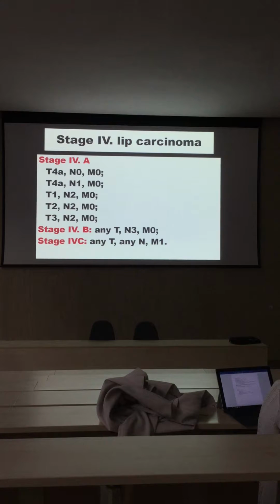Okay? So that's very, very important. And I can tell you, I did not put the numbers there, because I don't think it's necessary for you to try to remember numbers that are not necessary to remember. But in the case of lip carcinoma, T1 is less than 2 centimeters. T2 is between 2 and 4 centimeters, and T3 is larger than 4 centimeters.